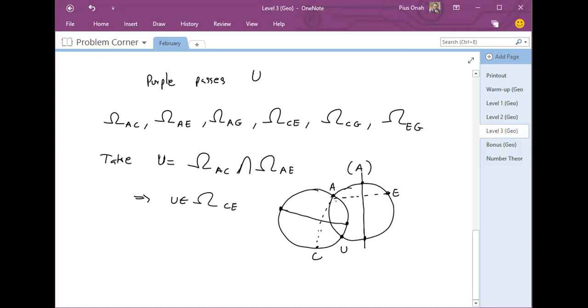So basically, I want to talk about the directed angle AUC. If you look at AUC, it's going to be the same as the angle at each of those centers, in terms of directed angles.